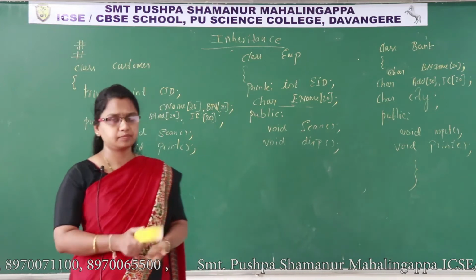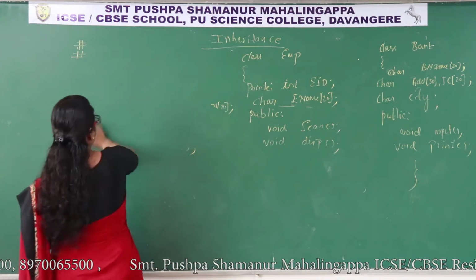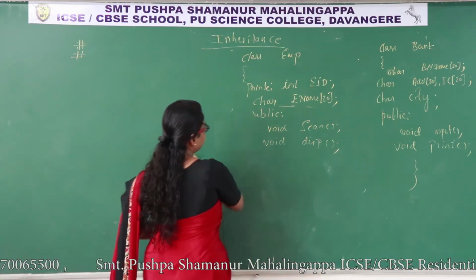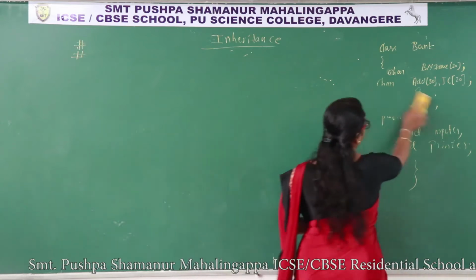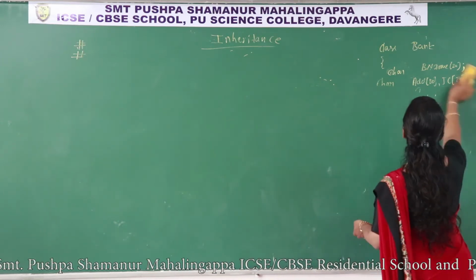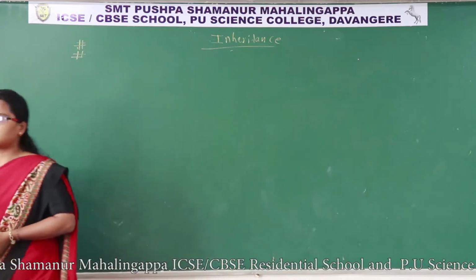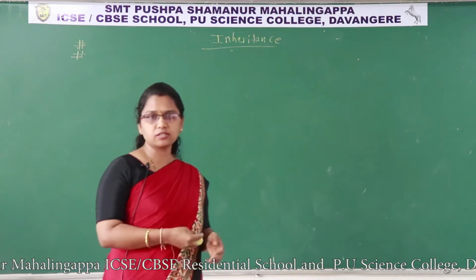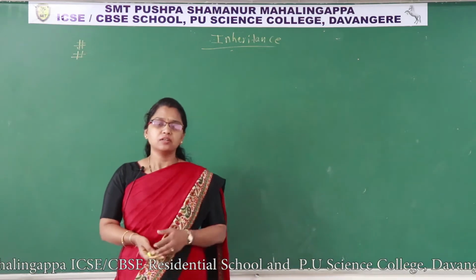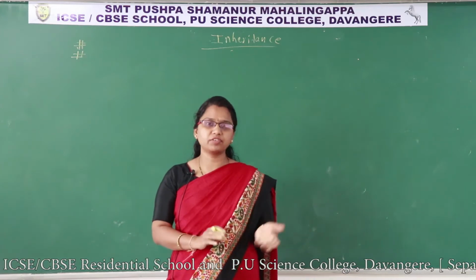Are you understanding? So far what we discussed: what is the need of inheritance? Why do we inherit the properties of one class to another class? I gave at the beginning itself the example of mobile phones. The first generation mobile phone had some basic features. When you come to the next generation, along with that basic feature, the next generation mobiles have some extra features.